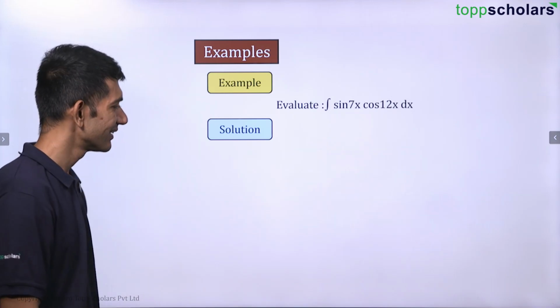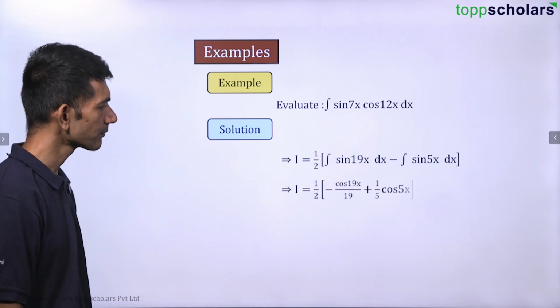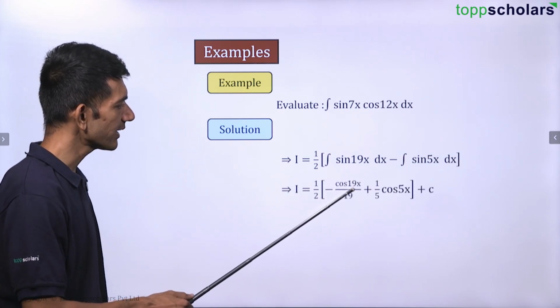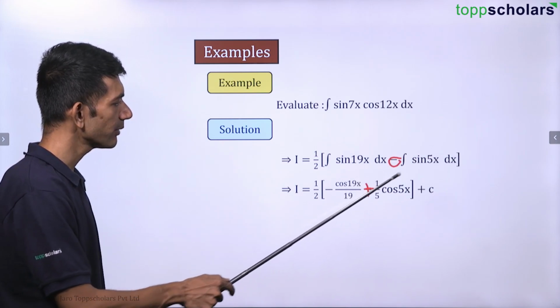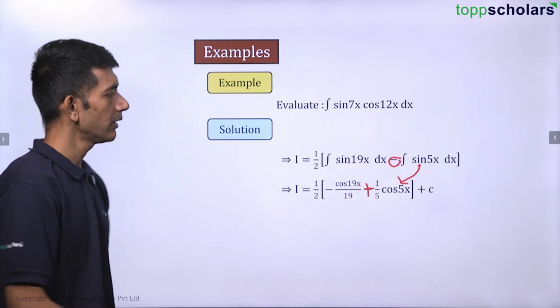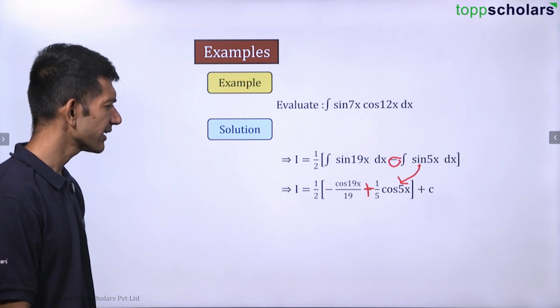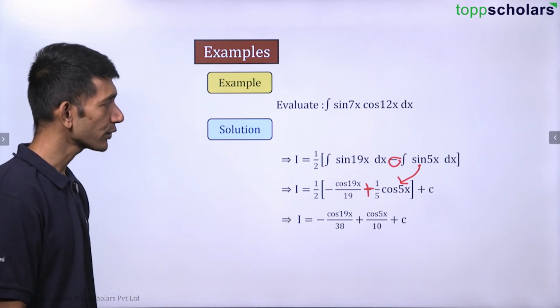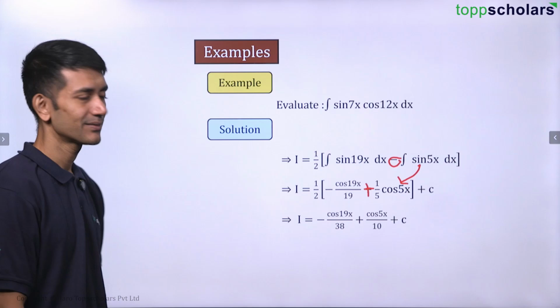Simple. So we get minus cos 19x by 19, and this minus will become plus because the integration of sine is negative. Then multiply half inside. So this is what you get. Simple question, isn't it? Let's continue further.